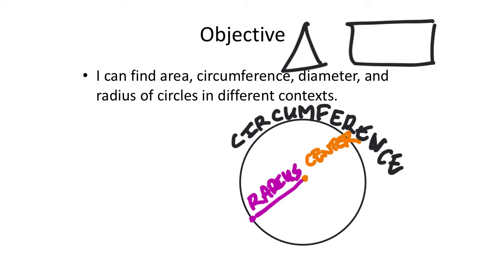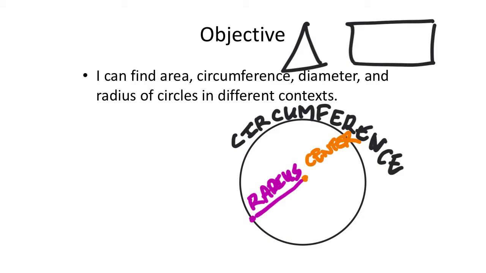But it has to go from the center to any point on the outside. So it wouldn't have mattered if I put that purple point here or here or here. Anywhere on the outside, it's considered radius. And all the radii, which is plural for radius, are the same length. That's what makes it a circle.